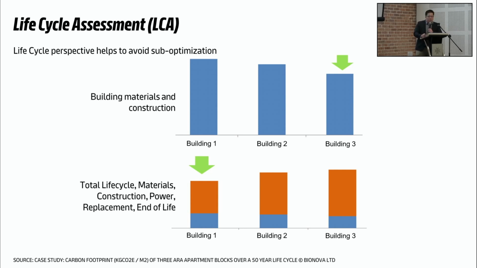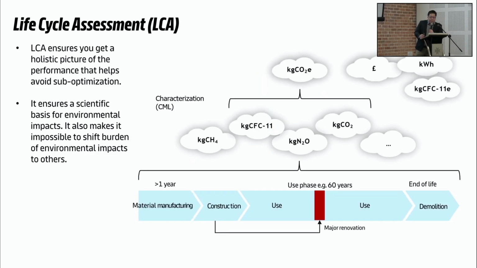But if you study the life cycle entirely, the whole construction, the power that we use, the replacement, end of life, recyclability and all that, probably this one is actually not the best. Who knows? This one is actually the better choice if you're considering the total embodied carbon that comes along with the product. Right.